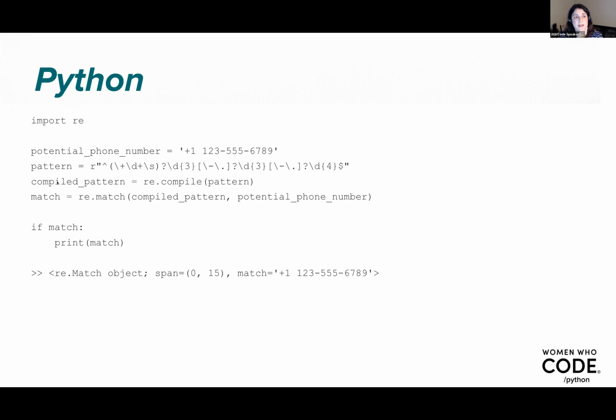Once we've compiled that pattern, we can use this compiled pattern again and again. So we do re.match with the compiled pattern against our potential phone number. And if it matches, we're going to get back a match object, and that match is going to tell you what it matched. And if somebody gives you something that is not going to match this pattern, this is just going to be false.